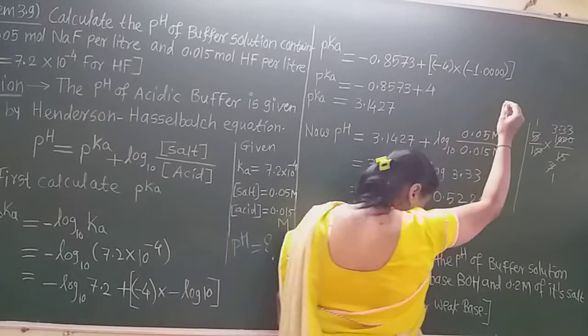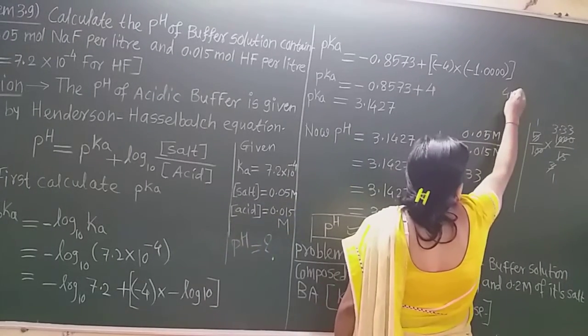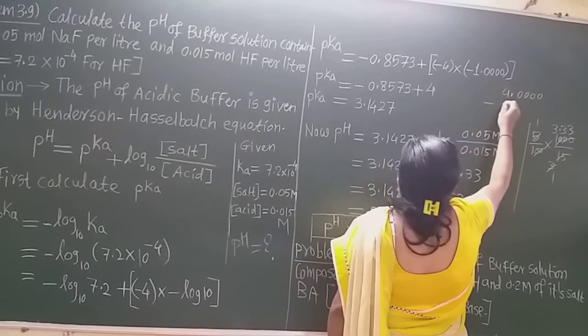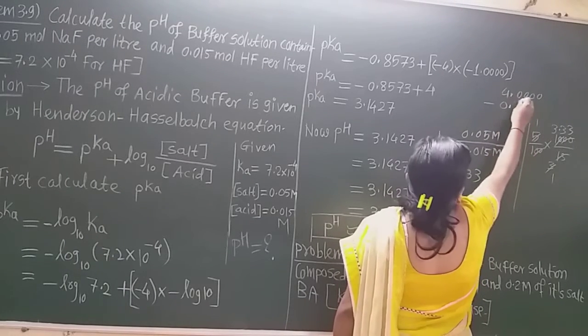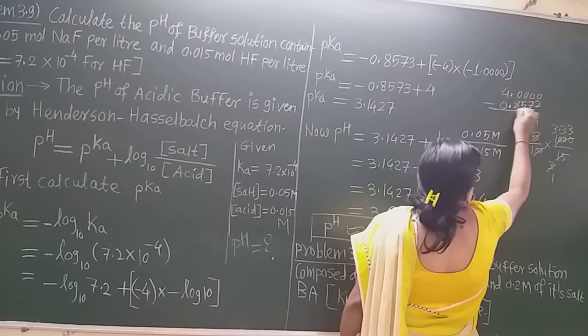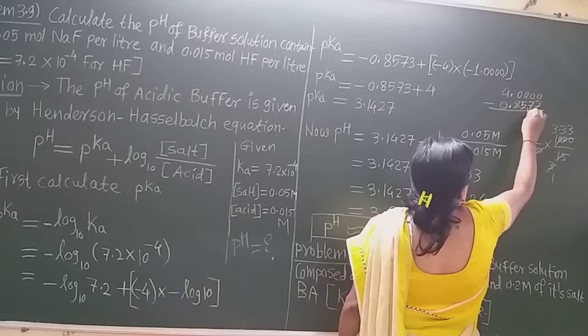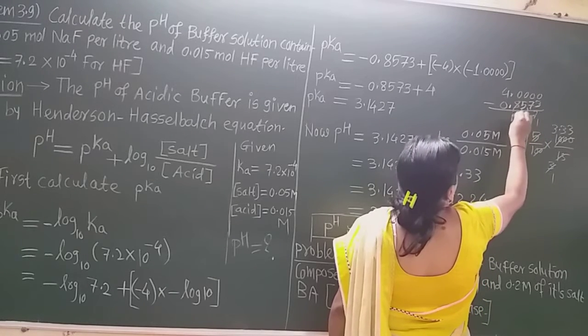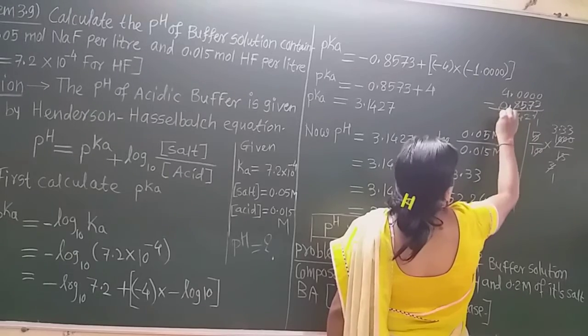So how can we subtract this? 4.0000 minus 0.8573.